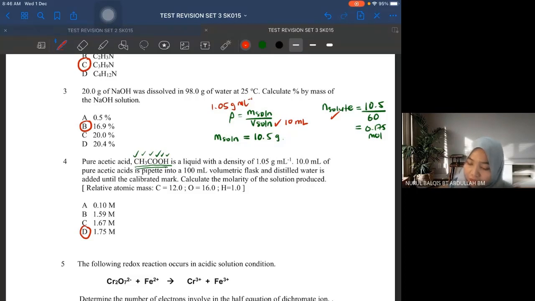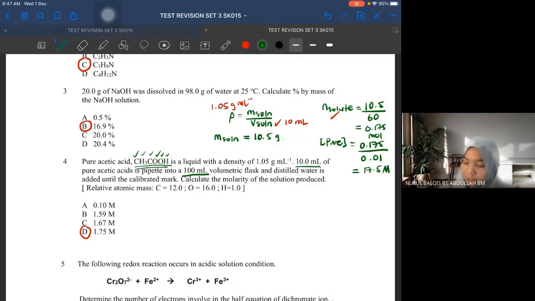So concentration of your pure acetic acid gonna be 0.175 mole divided by 10 ml dulu, sebab that 0.175 mole comes from the 10.5 gram of pure acetic acid yang kita dapat tahu dari the density. So you want to take only part of it, the 10 ml. Jadi nanti awak akan dapat the concentration of 17.5 molar.